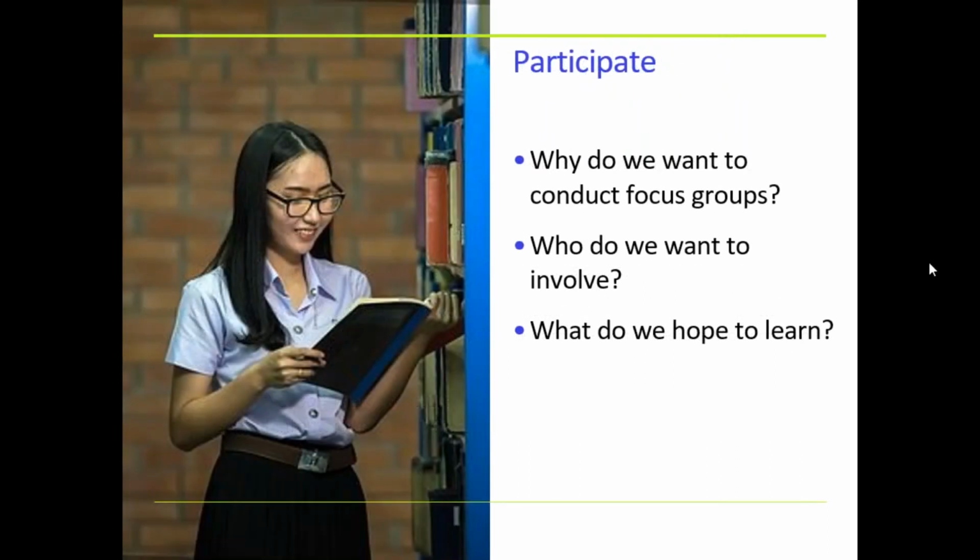So why do we want this? There are three questions I think we need to ask ourselves. And I suppose this is probably the most important slide I've got. Why do we want to conduct focus groups? Who do we want to involve? And what do we hope to learn from those focus groups? And I'm not sure that the answers to those questions are entirely clear from what we said in the bid, because what I'm finding in the bid is we're talking about some things we're very interested in, and I love this stuff.